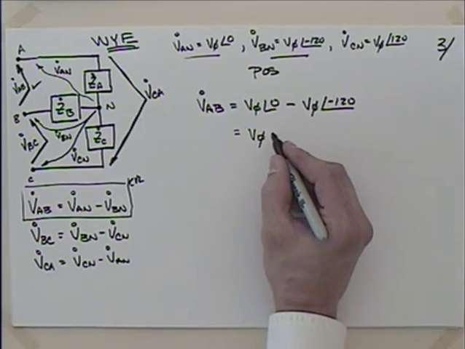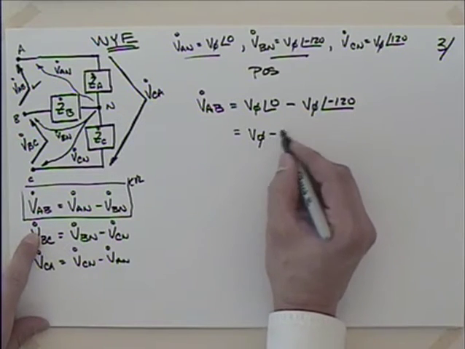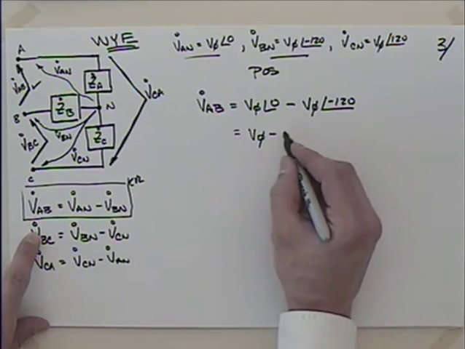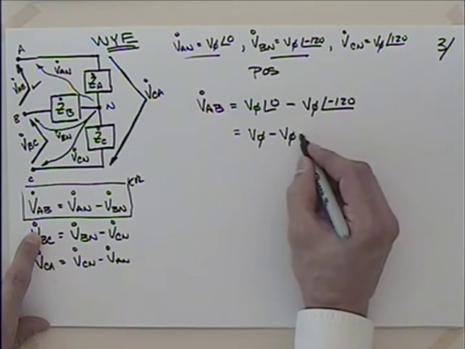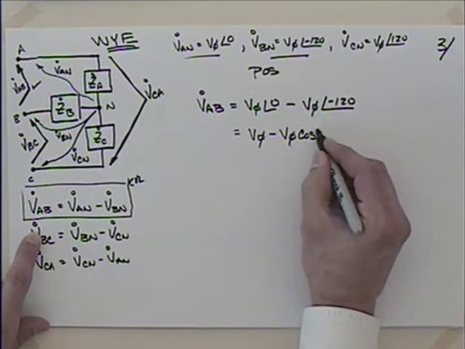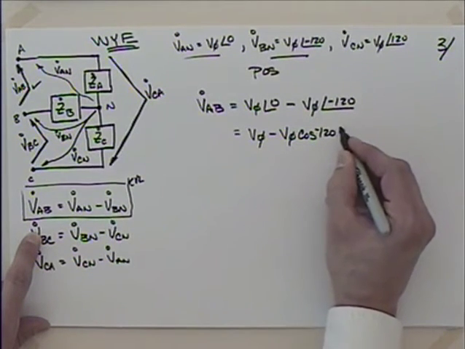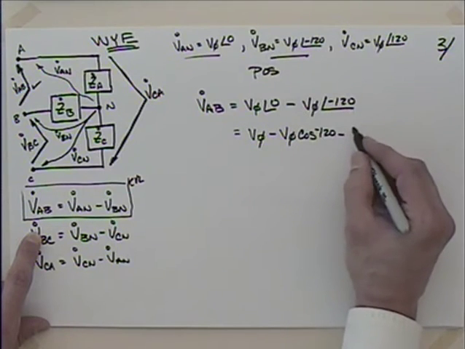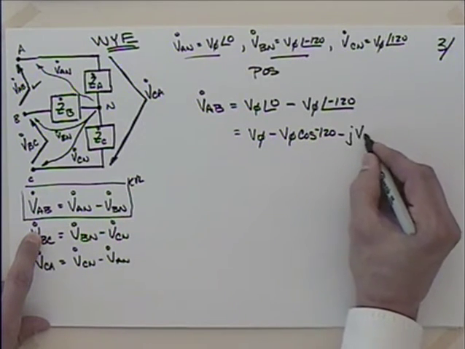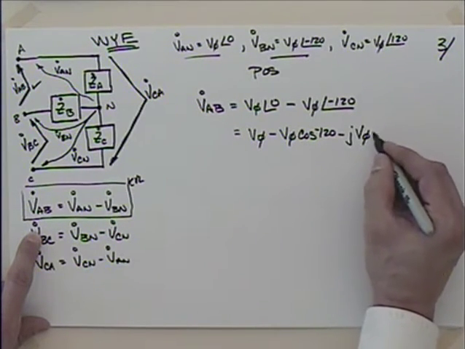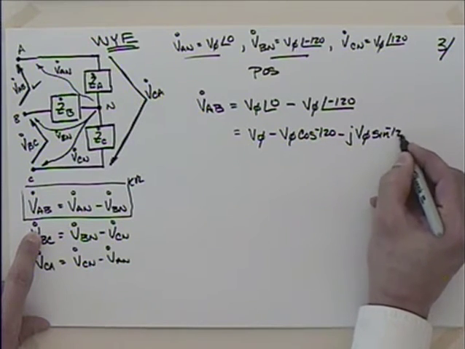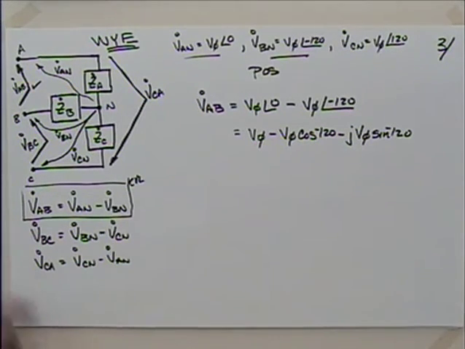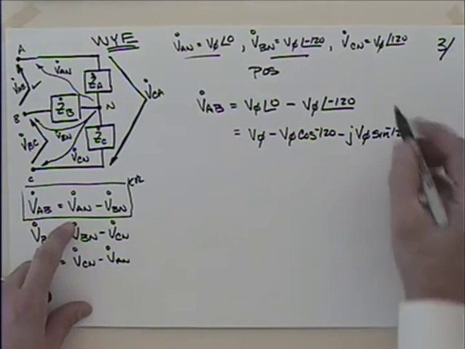And then I need to subtract off, I'm going to use Euler's equation for this. I'm going to say that this is V phi times the cosine of minus 120, and then I subtract, because that negative would get distributed through, j times V phi times the sine of minus 120, right? So that's Euler's equation.